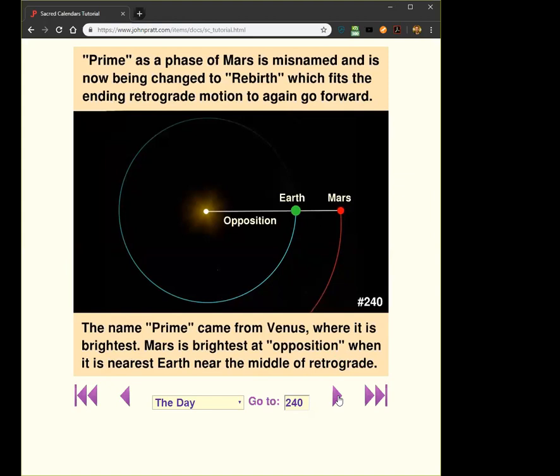And so now we're noting that at opposition, on slide 40, we noted that at opposition, when Mars is actually biggest and brightest, that's not one of the phases. That's actually in the middle of the adult phase, which is interesting because usually people are seeking after riches in the adult phase and want to be big and bright.